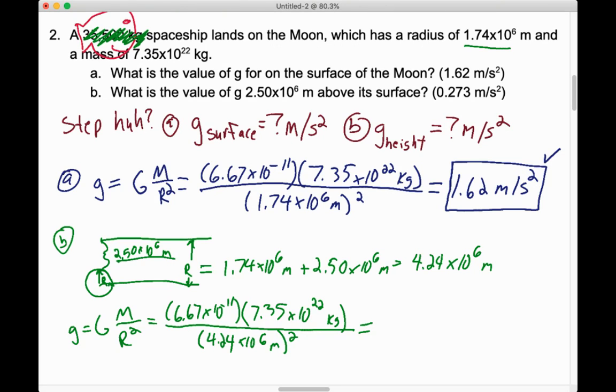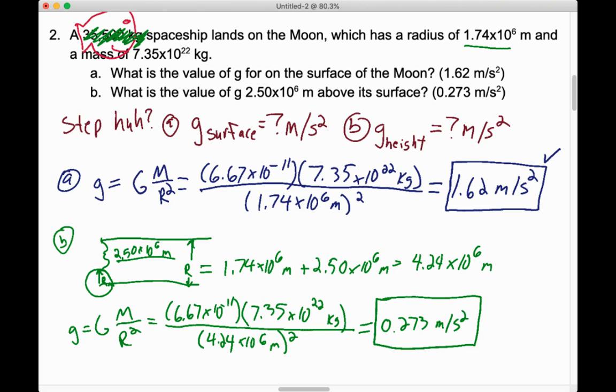If you do all that, what do you get? You get 0.273 meters per second squared. Put a box around it, do step two: we solved for the right thing, we gave it the right units, and we got a fairly small number. Does that make sense?